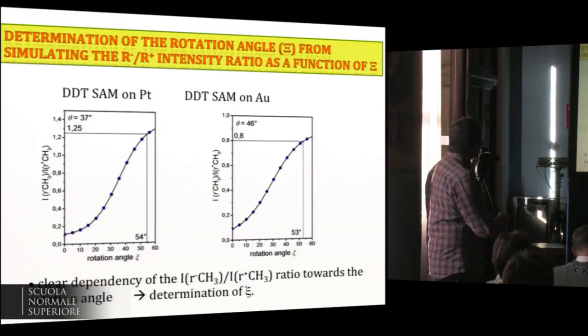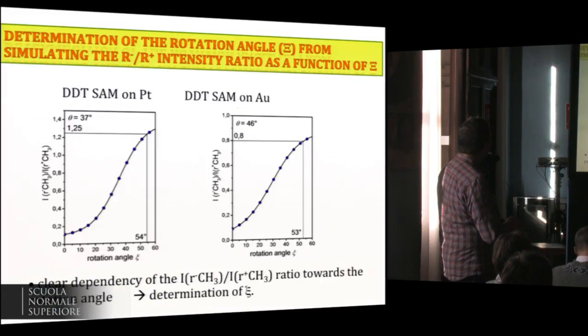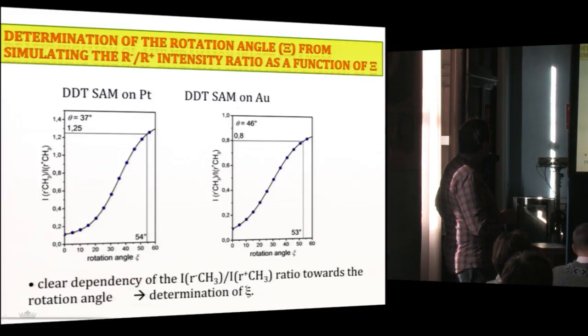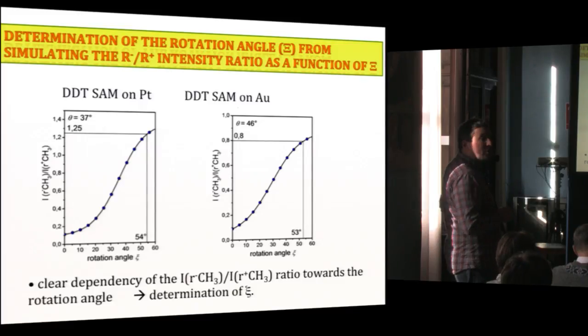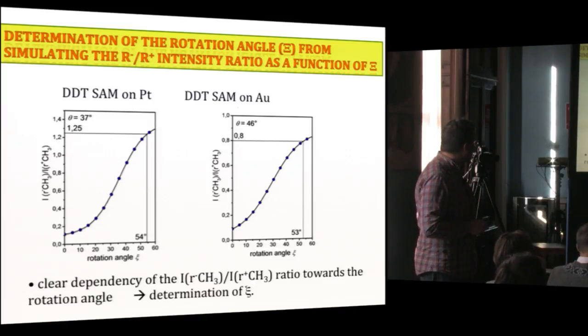To do that, we look at the ratio of these two peak intensities, and it is about 1.25. So we selected theta equal to 37 degrees, and we look at the evolution of this ratio of intensities as a function of the rotation angle. Experimentally it is 1.25, so we deduce that the rotation angle is close to 54 degrees.